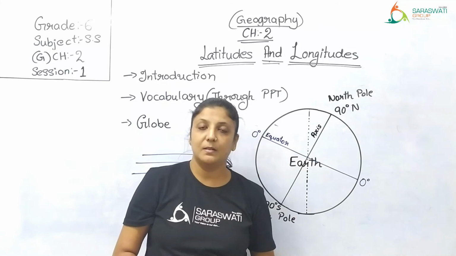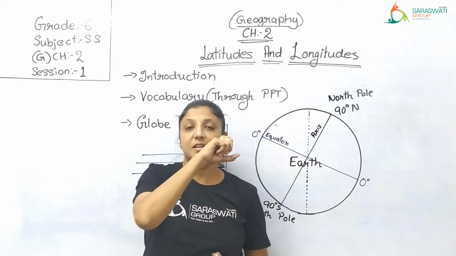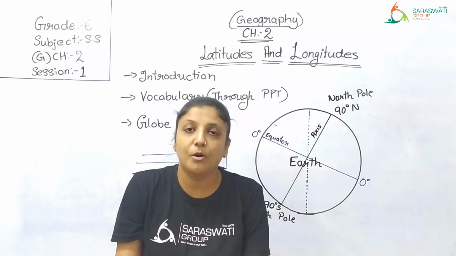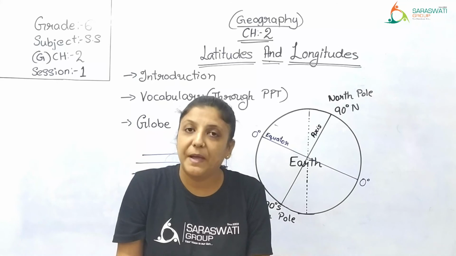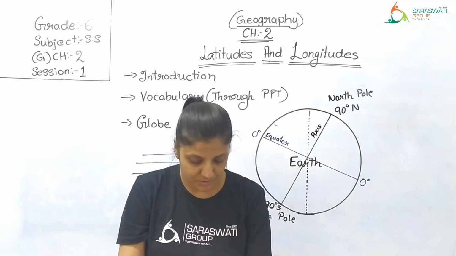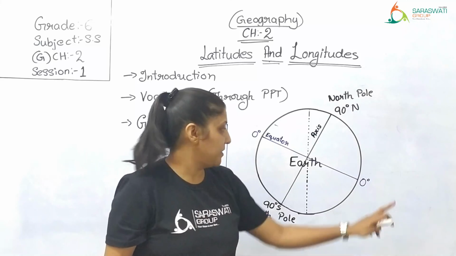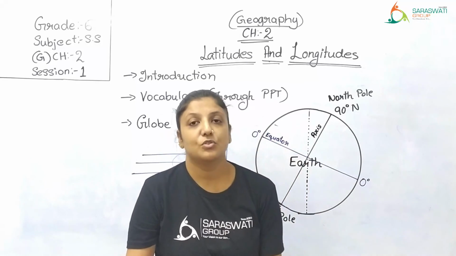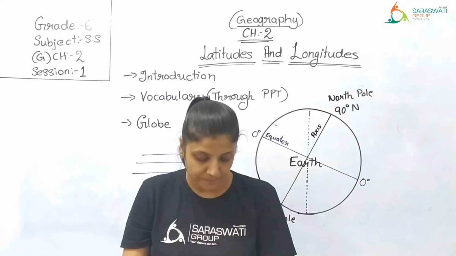So they are parallel, and the distance between two latitudes is equal on any part of the globe or on the map. Okay? So they are parallels of latitudes. They run in an east-west direction, from east to west. So parallels of latitudes move in an east-west direction.